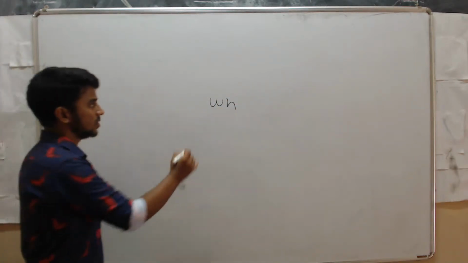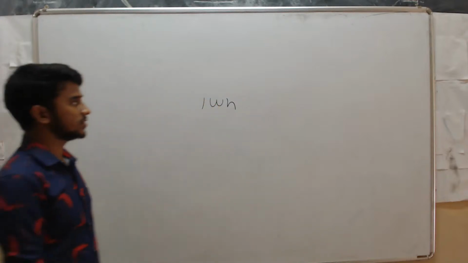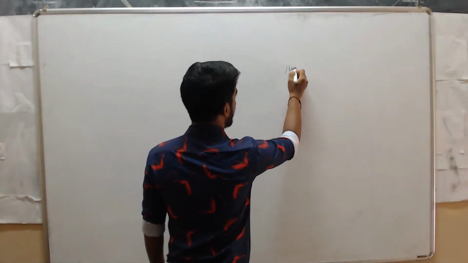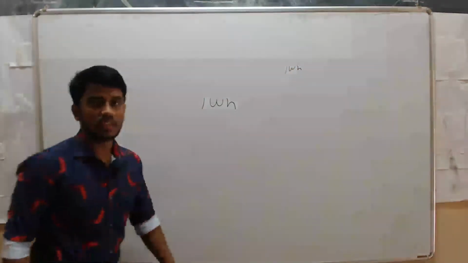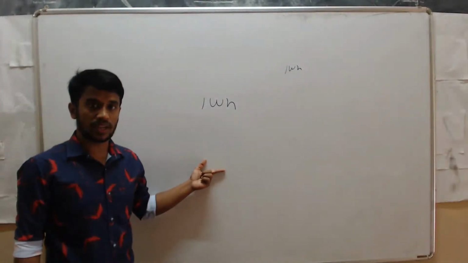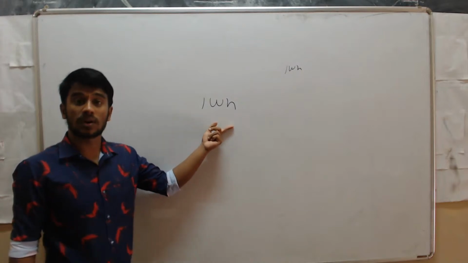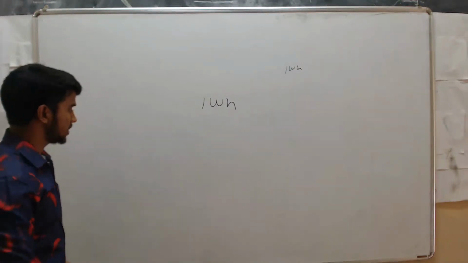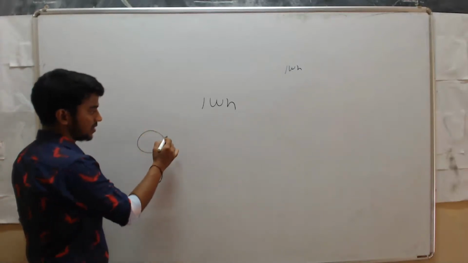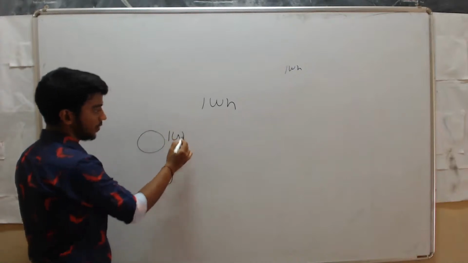For example, say we have one device whose unit is 1 watt hour. An object is doing work, and the power of that object is, say, 1 watt.